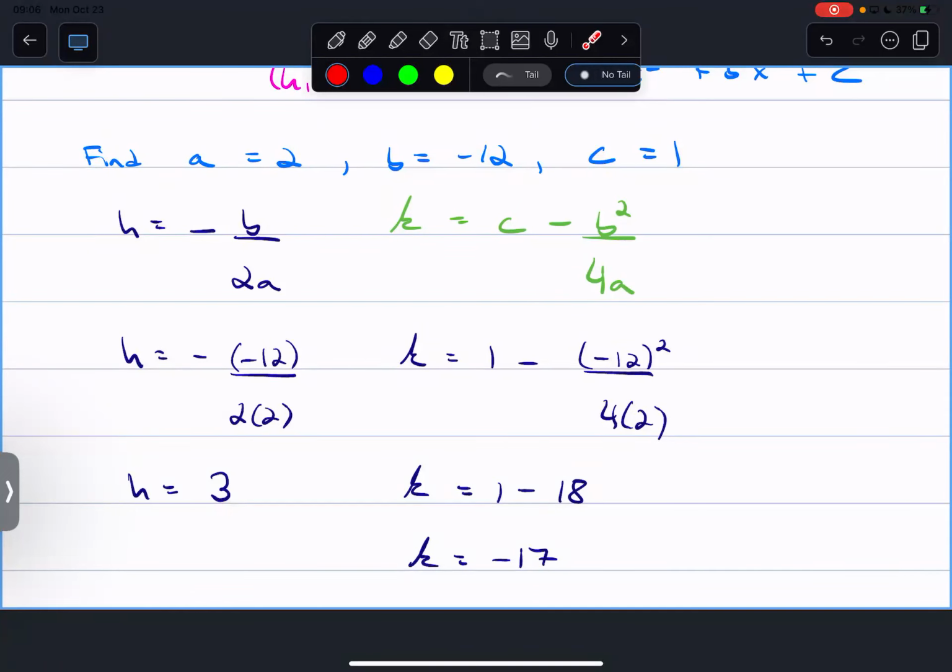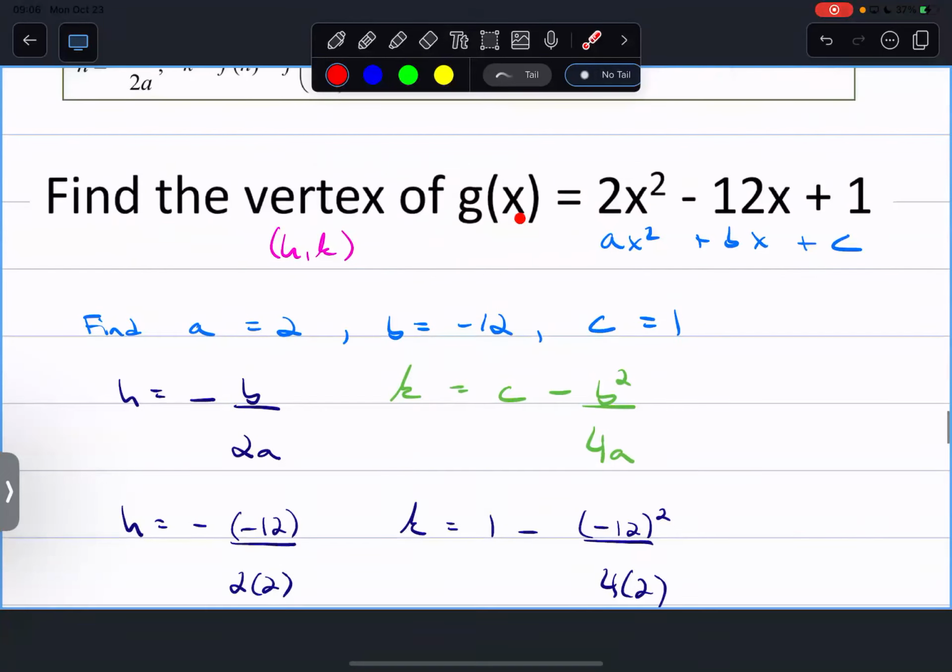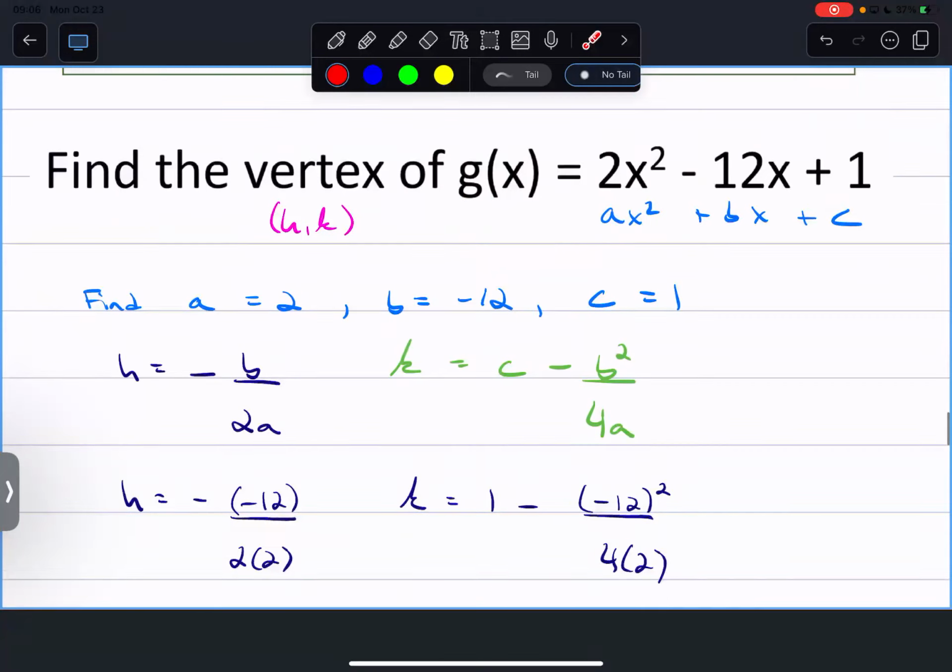Now what can I do? I can say, okay, well, at x equal to 3, I can find the output because it has to be on this line, right? And so now I can find g of 3, and that's going to be the k in our vertex, the output in our vertex.